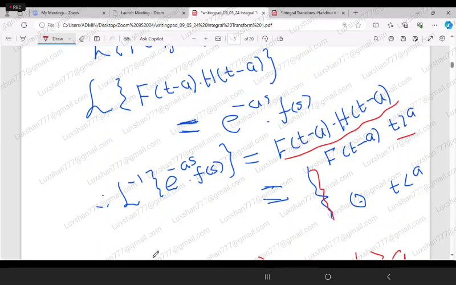So you have to do a lot of practice, then only you can become familiar with these kinds of things. It's like integration. We know that differentiation is easy compared to integration, because integration is actually the converse of differentiation, isn't it? So we are doing the reverse of differentiation.